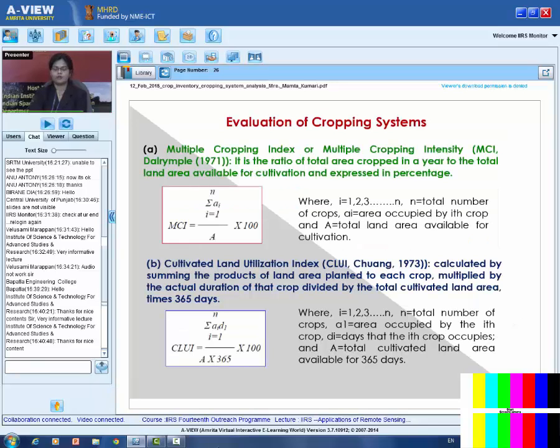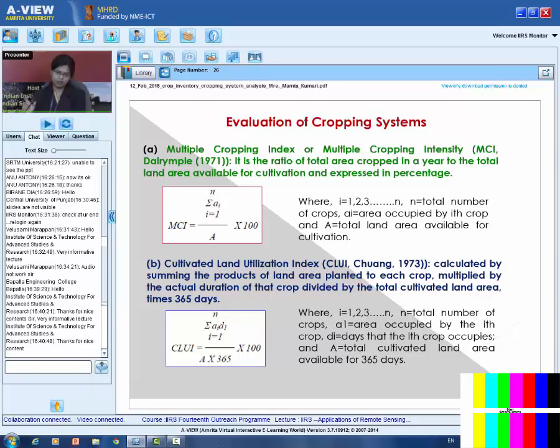Then one example is the cotton wheat system. Cotton and wheat is a long duration cropping pattern. As compared to this, we have a potato gram cropping system or gram potato, whatever, some short duration.